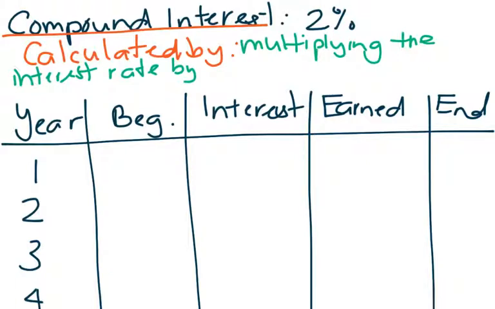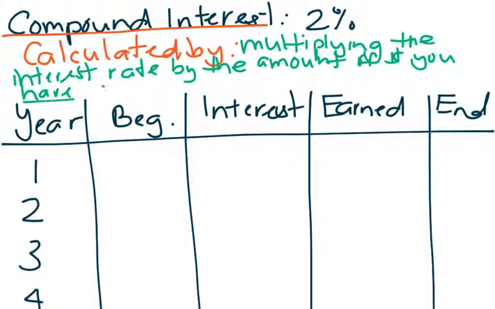So we'll say we're multiplying the interest rate by the amount of money you either have or owe so far, including interest.